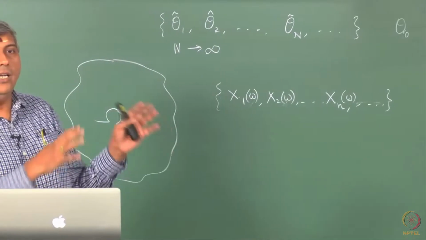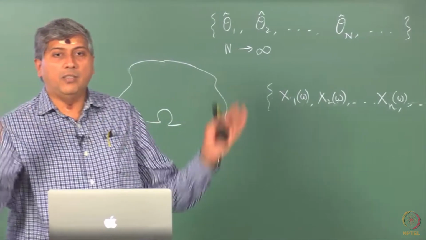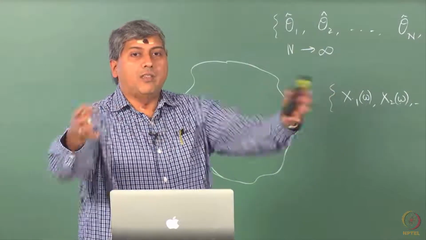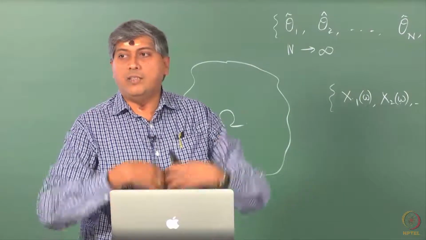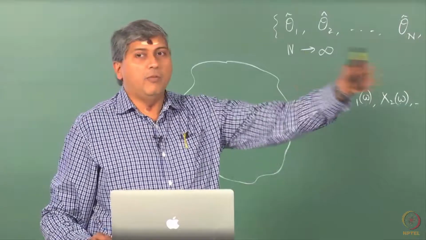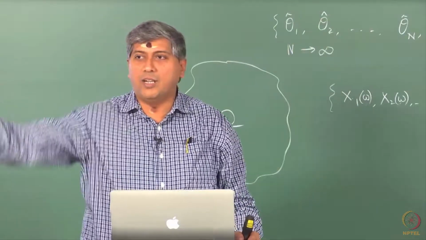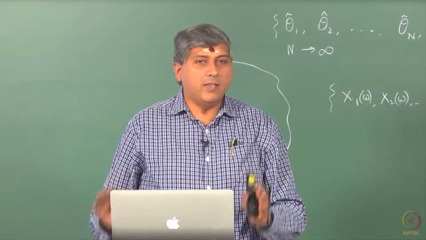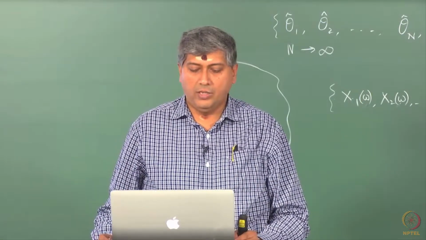For every point in the sample space, a sequence is generated, and convergence is all about where these sequences are going, that is, where these rivers are heading. Are they all heading to one ocean, or do some rivers go to another ocean or sea? That is essentially convergence.